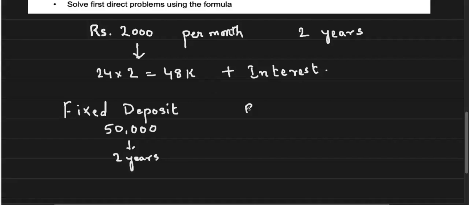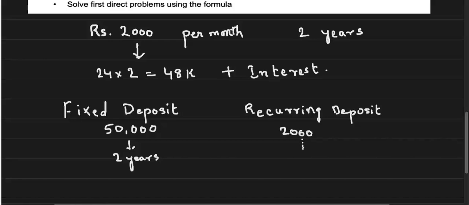Whereas in a recurring deposit, you don't pay anything in lump sum. You just start paying whatever amount has been decided. For example, here 2,000 rupees you are paying starting on day one, and it continues for 24 months. So how much have you paid here? You have paid 48,000 rupees.